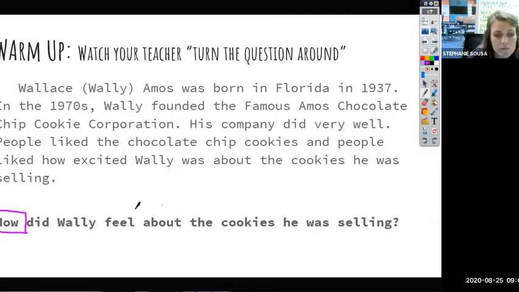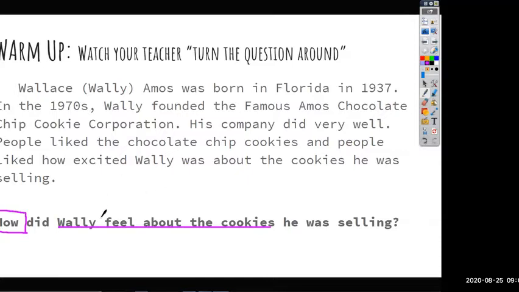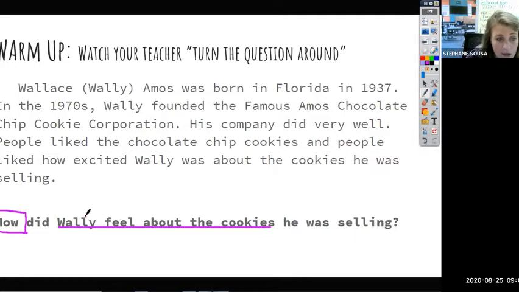How he felt about the cookies. Beautiful. How Wally felt about the cookies. We don't care about how Wally felt about the brownies. We don't care about how the mom felt about the cookies. We care about Wally and his feelings about cookies. Okay, let's take a look at this now.